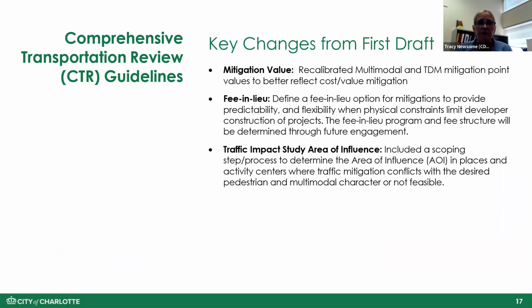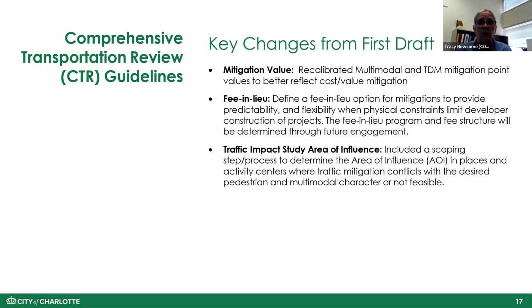And finally, I want to point out some high-level key changes between this draft and the previous draft that came out in November. One of the things we heard was that we wanted to make sure we were adequately reflecting the cost of a type of mitigation, and that the value and the cost were close to one another.